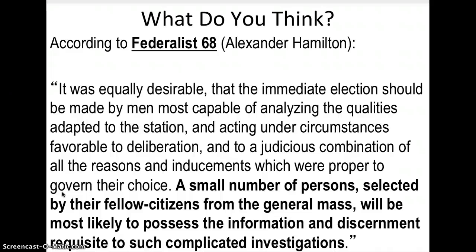I'm not going to read this to you, but this is an interesting insight to what Alexander Hamilton, one of our founding fathers, thought about the Electoral College. This comes from Federalist 68, and what you want to emphasize is that the electors were supposed to be fellow citizens most likely to possess information, the education to make such a complicated investigation.